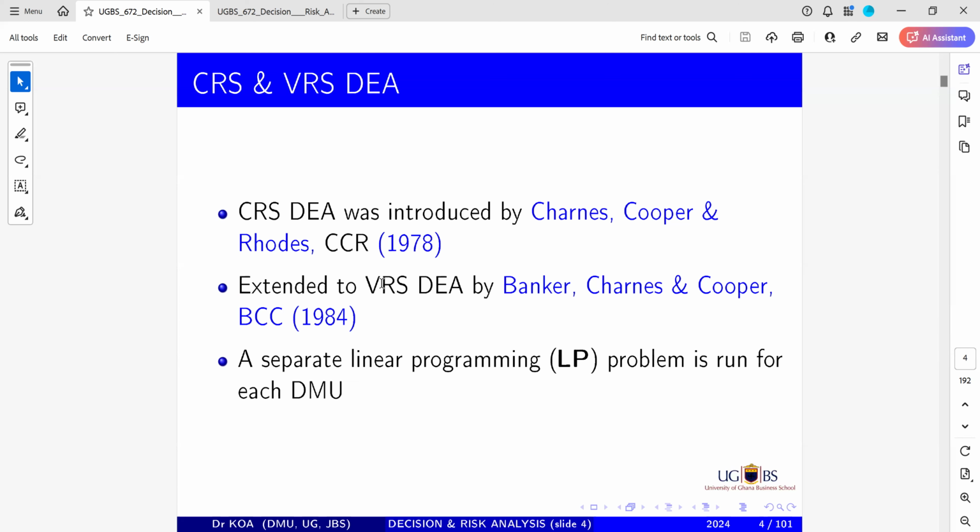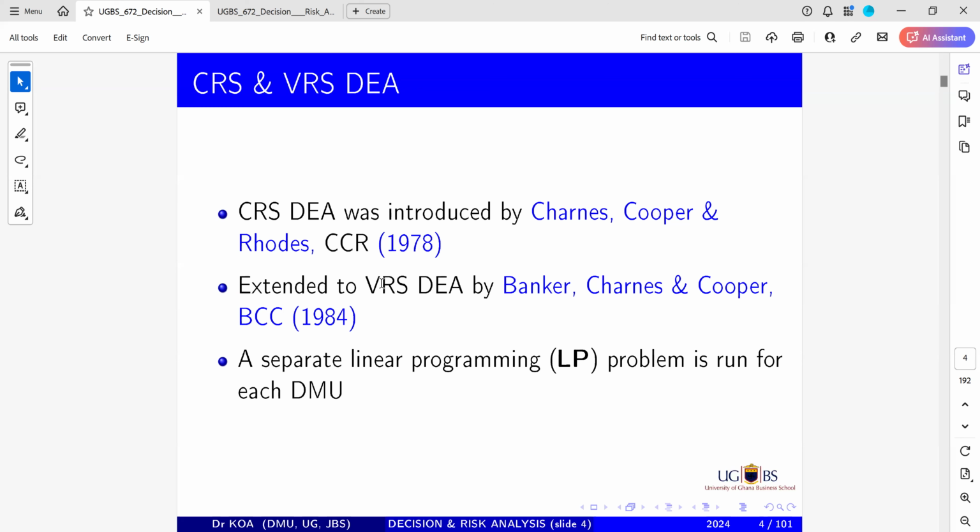However, there are so many packages in DEA that do it easily, automatically for you. Even if you don't have knowledge of linear programming, you can still do and understand and apply DEA so perfectly for managerial policies, for regulatory policies, for research purposes, for theses, for publications, or anything.